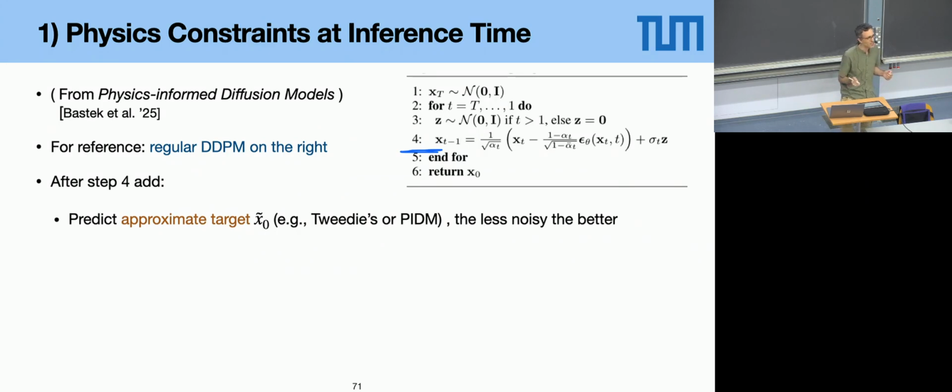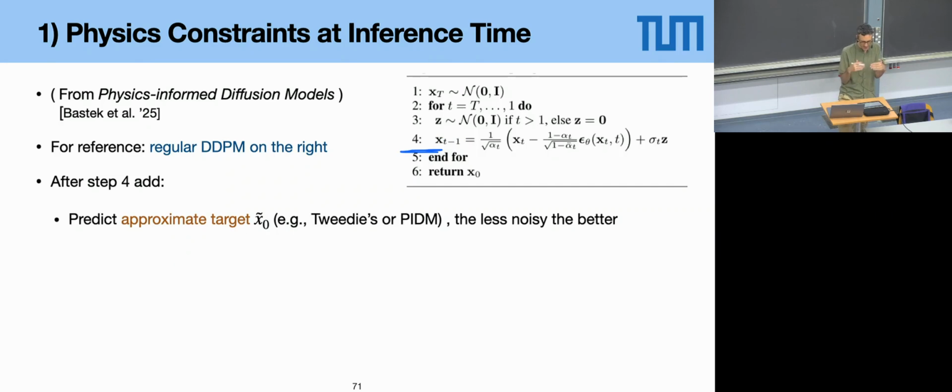And anyone who's tried to use physics on noisy values knows it's not a good idea. If you compute derivatives on a noisy signal, right, potentially your noise blows up even more. So you need a certain projection step. That's typically known as Tweedie's formula, or also PIDM is a method to do this, where you go from this step t minus 1 down to 0 in one step.